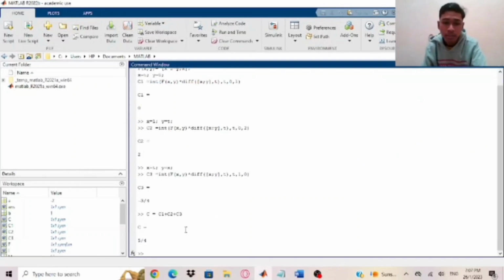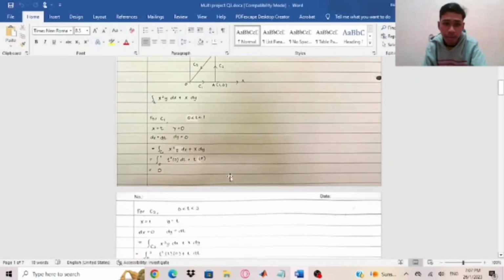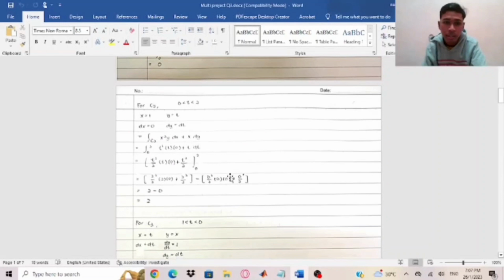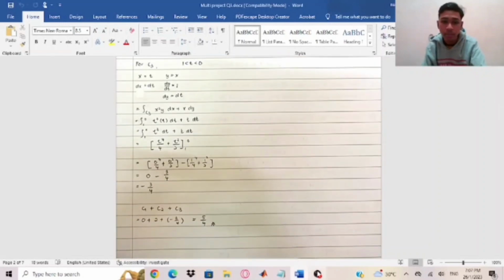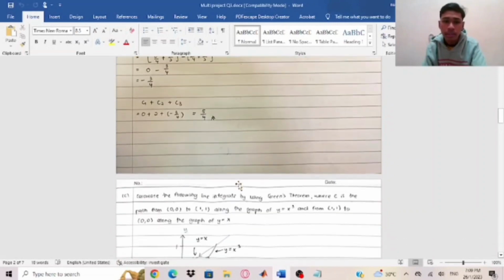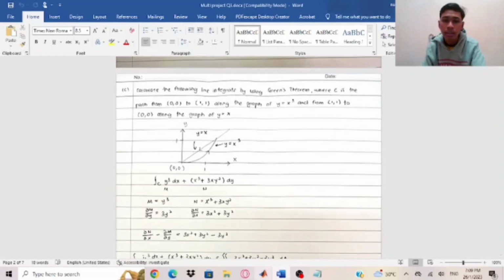And the answer is 5/4, which is the same as the manual calculation: C1 is 0, C2 is 2, and C3 is -3/4, and the answer is 5/4.